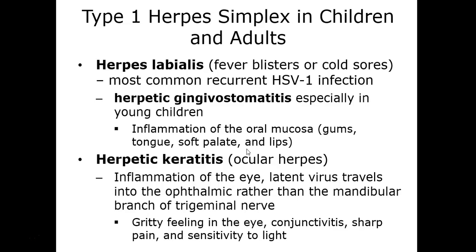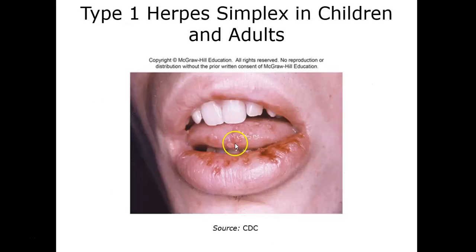So you get this kind of gritty feeling in the eye, sometimes sensitivity and pain to things like light. Here's a good example for you of some of the fever blisters and cold sores. You can actually see that some of the lesions have also, in that gingivostomatitis state, entered onto the tongue as well.